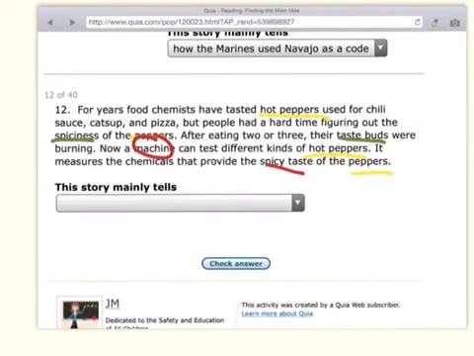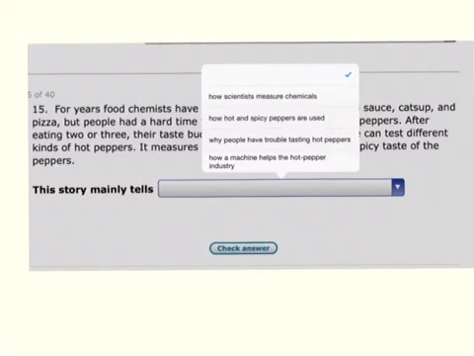So it's very possible that the main idea has everything to do with hot peppers and how a machine can figure out how spicy it is. So then the website gives you some choices. The choices that they think the main idea might be is how scientists measure chemicals, how hot and spicy peppers are used, why people have trouble tasting hot peppers, and how a machine helps the hot pepper industry.